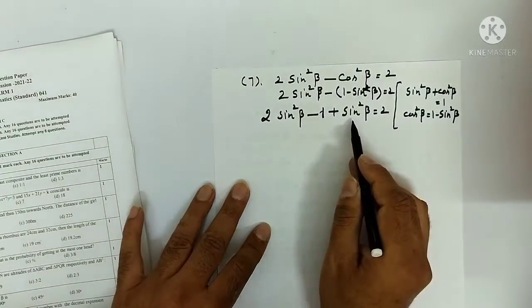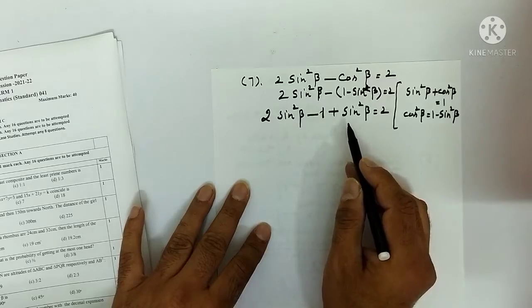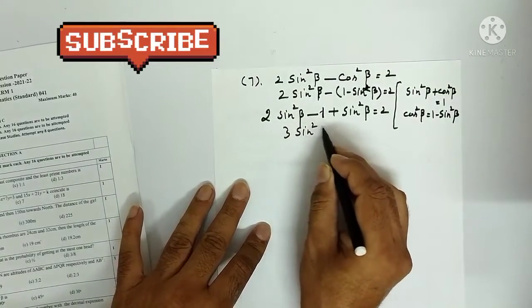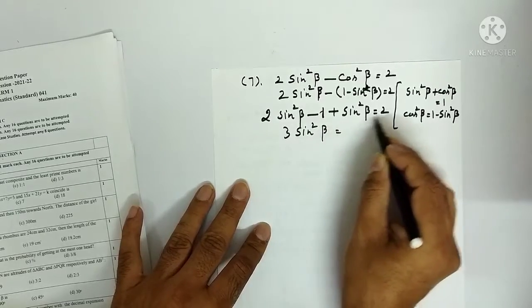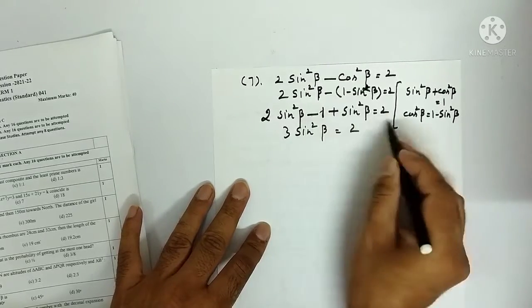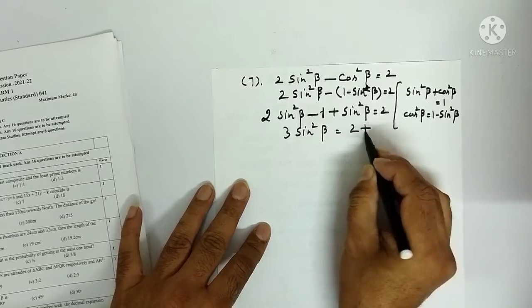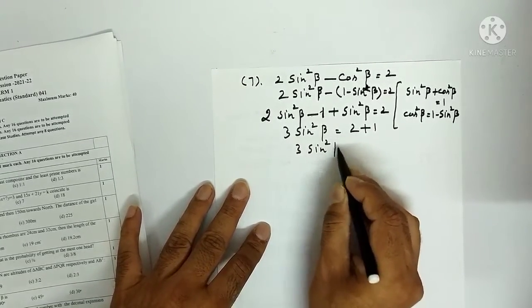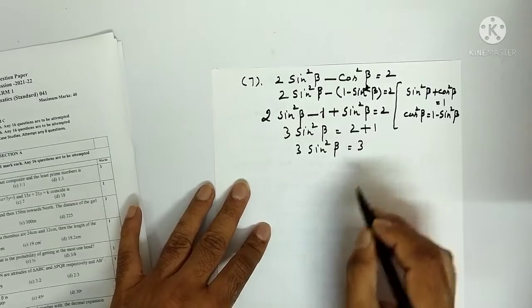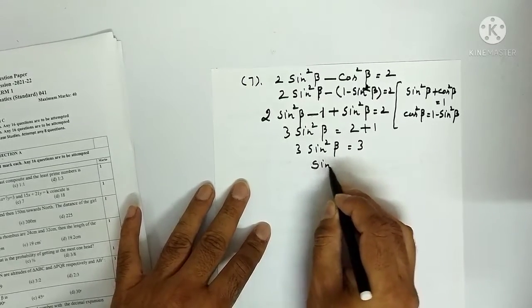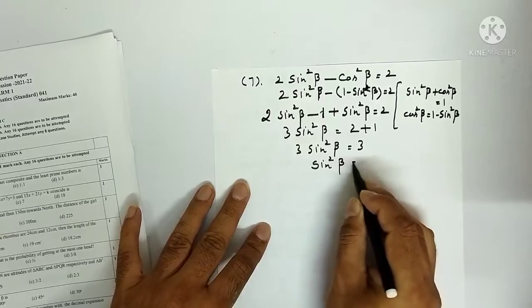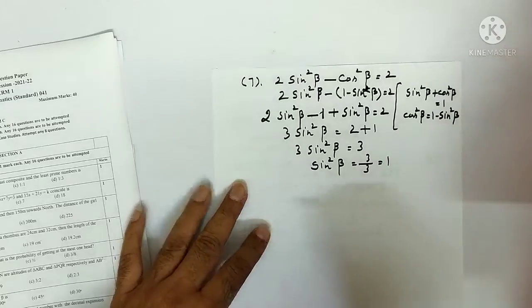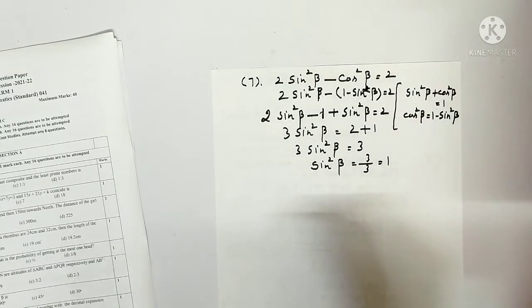2 sin square beta plus 1 sin square beta will become 3 sin square beta, and this 2 minus 1 goes to the right side, plus 1. So 3 sin square beta is equal to 2 plus 1, 3. So from here sin square beta is equal to 3/3, that is equal to 1. So sin square beta is equal to 1.